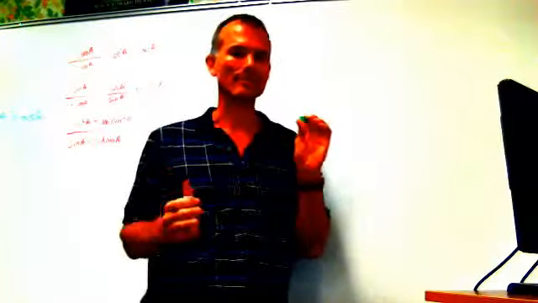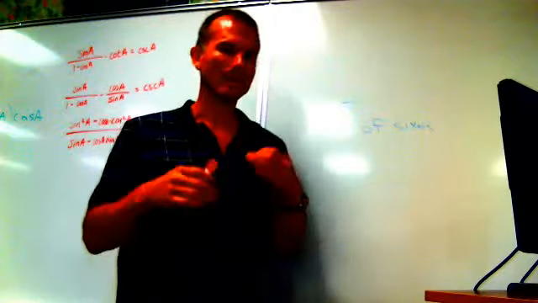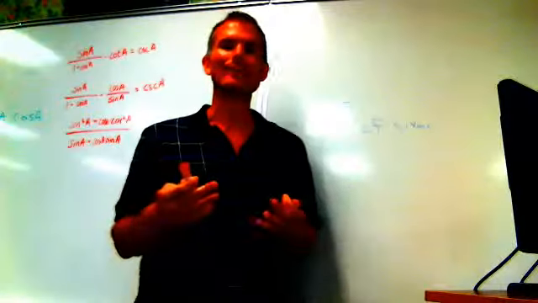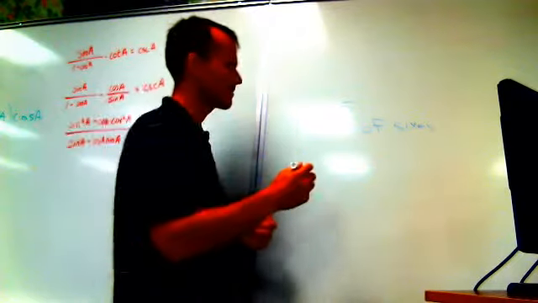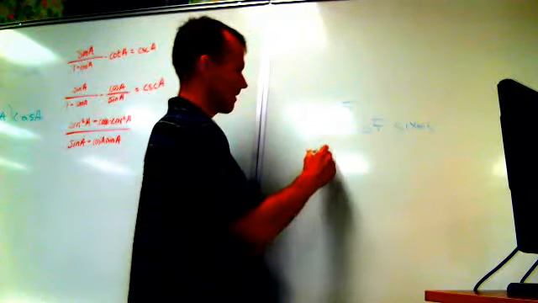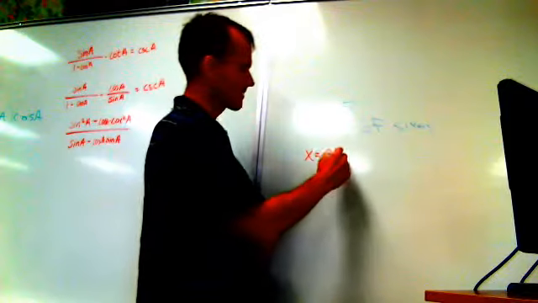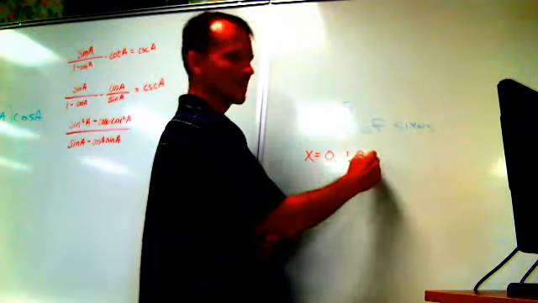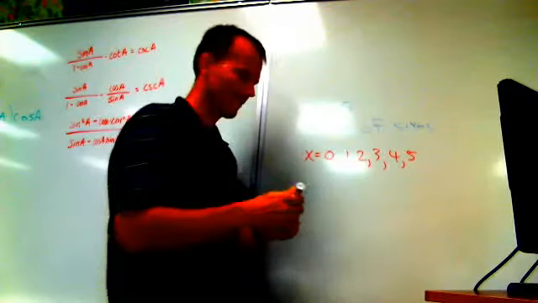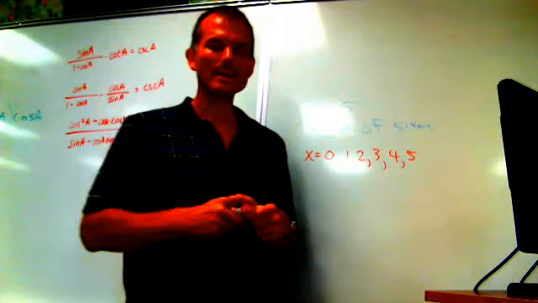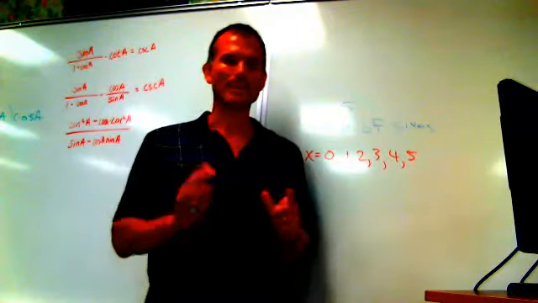All 5 times this could land on a 6. Or I could get 4 out of the 5, 0 out of the 5. The possible values of x then are, I could get 0 6s, I could get 1, I could get 2, 3, 4, or 5.